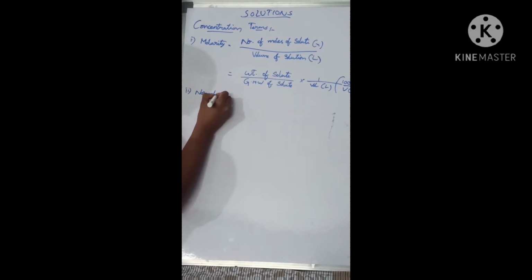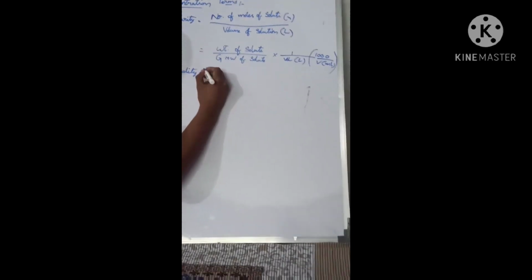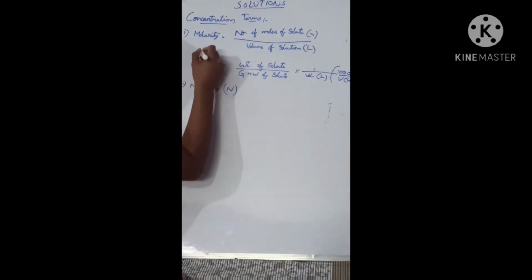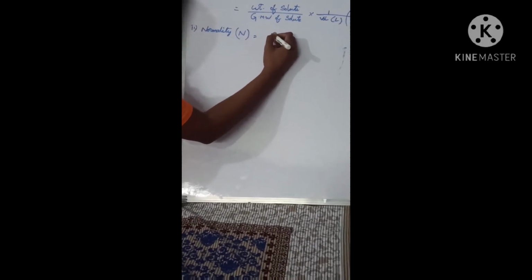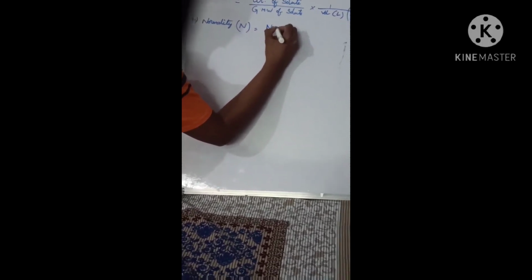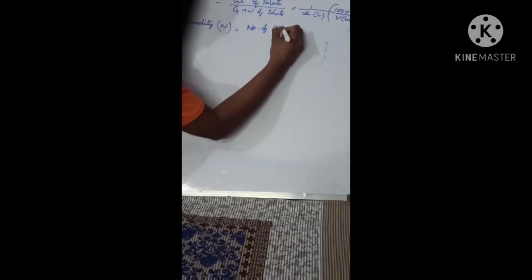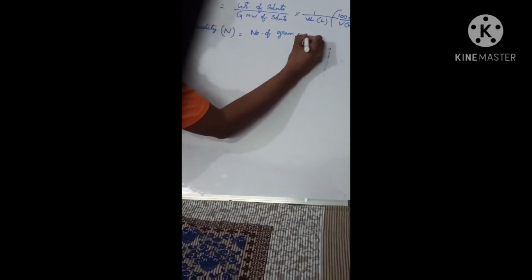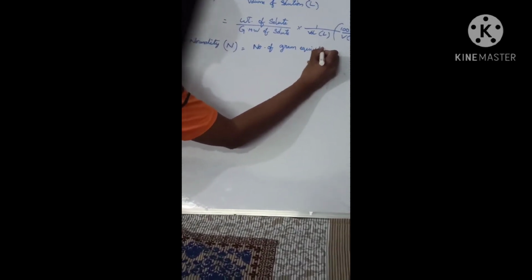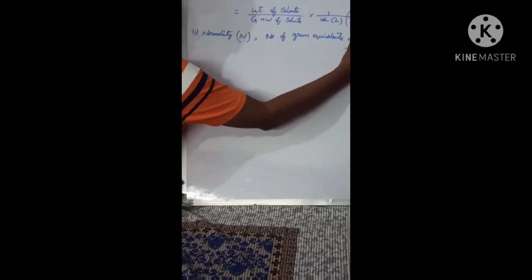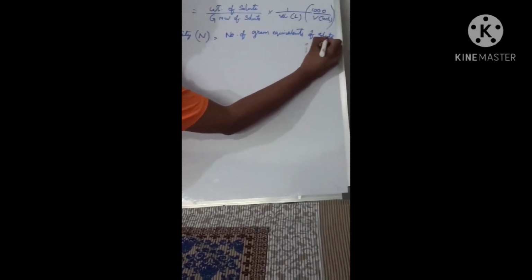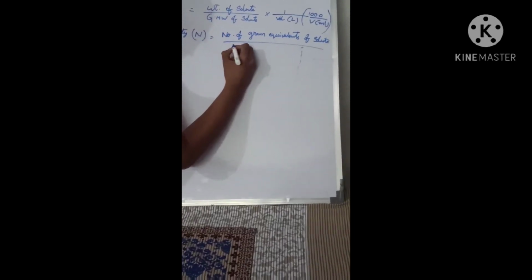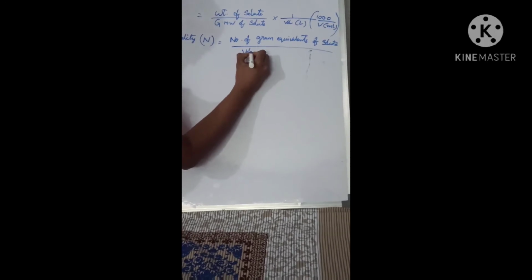And the second one is normality. Molarity is denoted with the capital letter M. Normality is the number of gram equivalents of solute divided by volume of solution.